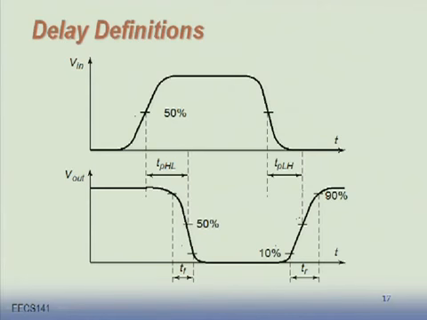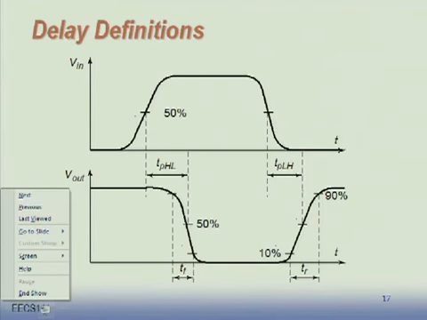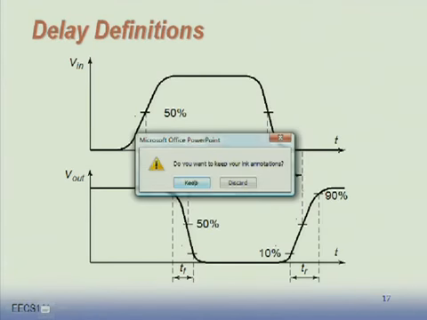Hard to find the one where it's 50% of VDD. What does that mean? Well, that is true, but why? I just want to tell you this so you don't get surprised.